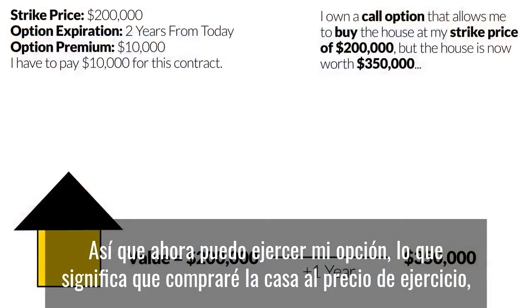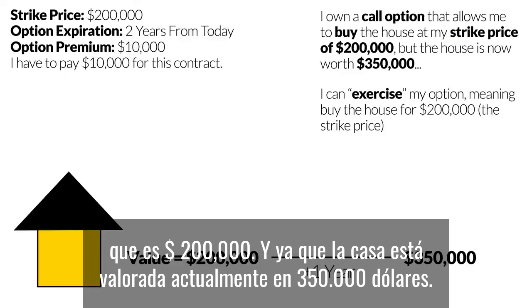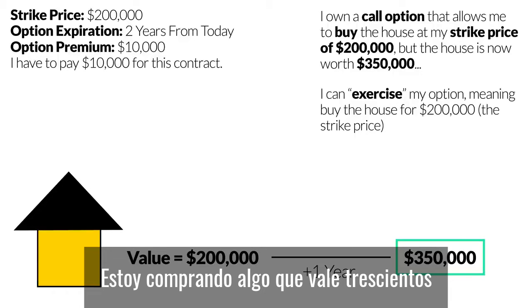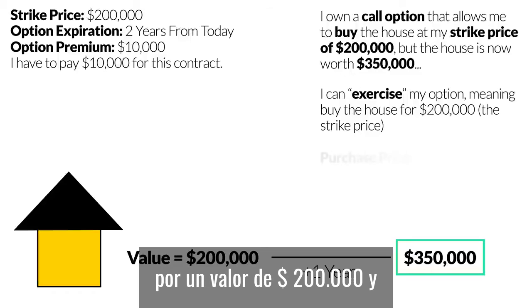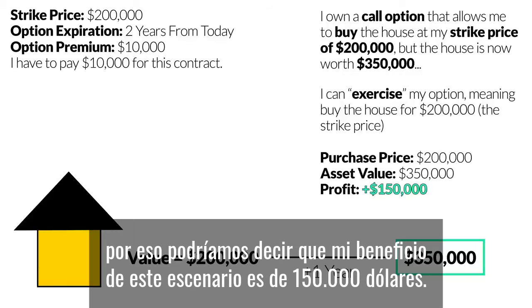So now I can actually exercise my option, meaning that I will buy the house at the strike price, which is $200,000. And since the house is currently valued at $350,000, I am buying something that is worth $350,000 for $200,000. And because of that, we could say that my profit from this scenario is $150,000.